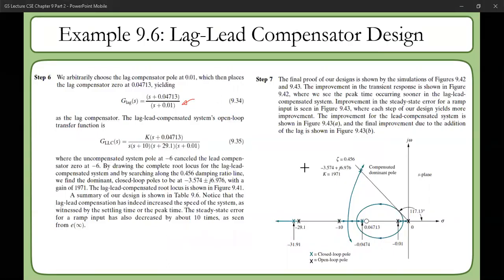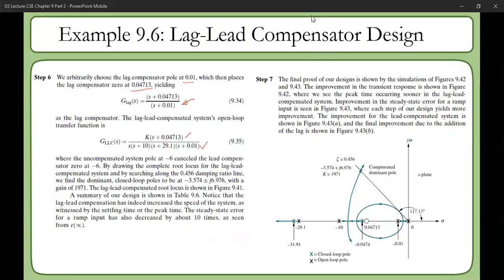We have seen the value of Kv in the last slide. Based on that, you have to find your new location and new values of your lag lead compensator system, then form the table again, compare the results, and verify whether your design specification is properly met or not.